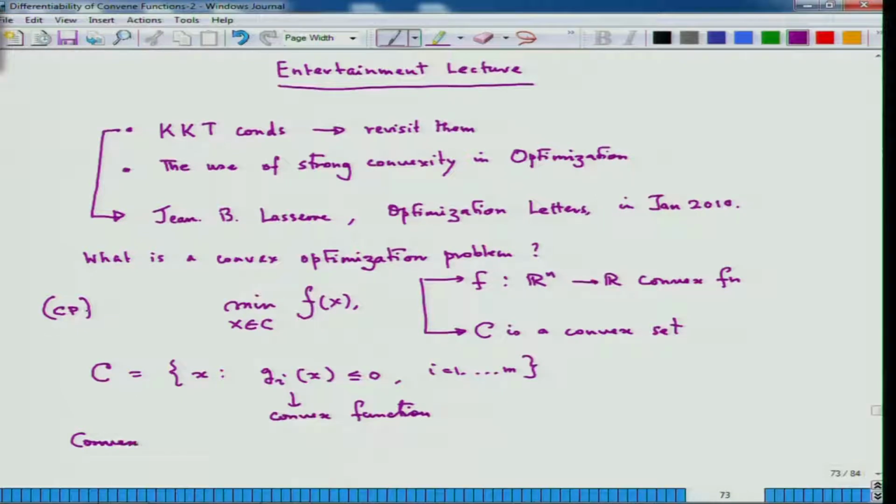That is why the CP sign is used in most cases. This is called convex programming. But usually it means minimization of a convex function over a convex set. Now, the question is to represent a convex set in terms of inequality constraints. Does it mean that I always have to consider each of these functions to be convex?